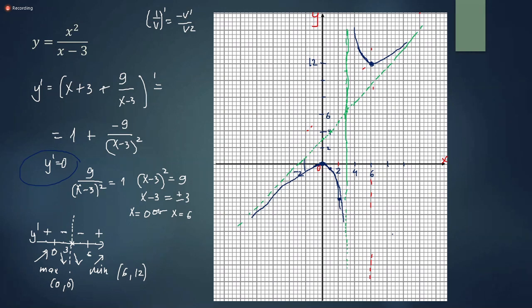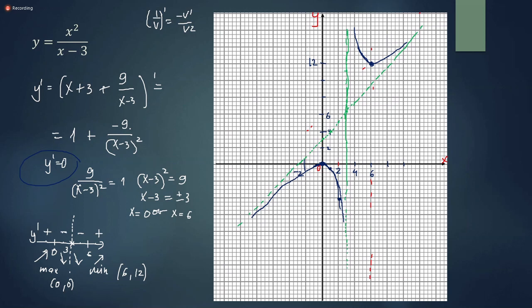And we can also guess about the second derivative from the graph. However, of course, if we want to do it properly, we would need to check the second order derivative. I need to go to the white pen. Basically, we would see that to the left of 3, when x is less than 3, the second derivative would be negative.